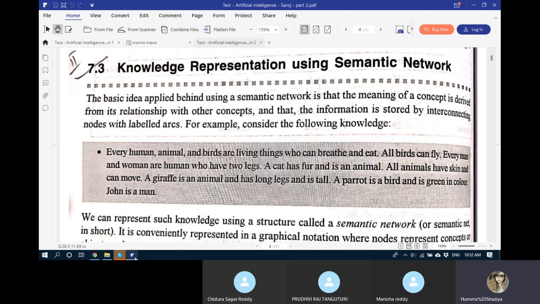If you consider this knowledge, what is this knowledge? Every human, animal, and birds are living things who can breathe and eat.